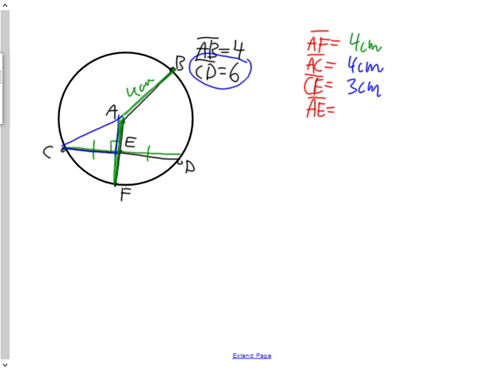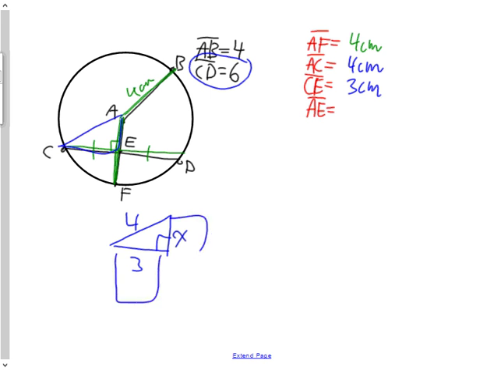As you can see here, with this blue one, I now have a right triangle, of which I know that CE is 3. I know that AC is 4. And the distance I'm looking for is this distance right here of AE, x.